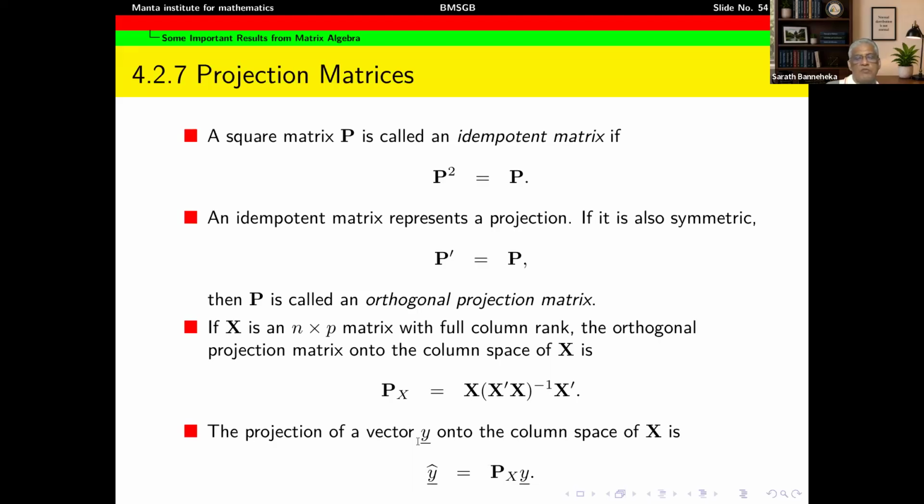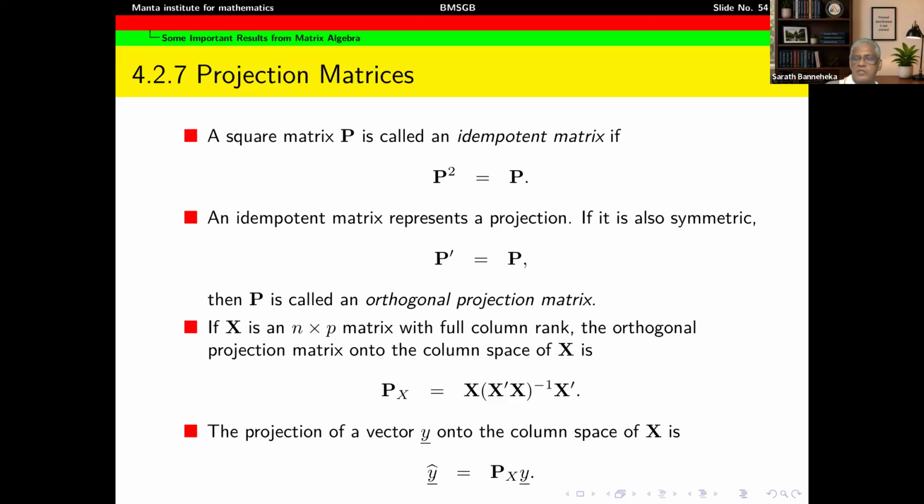The projection of the vector y by this P_X is usually denoted by y hat. And that is actually, if you remember, I know we didn't discuss this one yet, this is what you will have as the predicted value in the multiple linear regression. So this matrix here projects y into y hat. Right? So this is what you get as the projection matrix in that case.